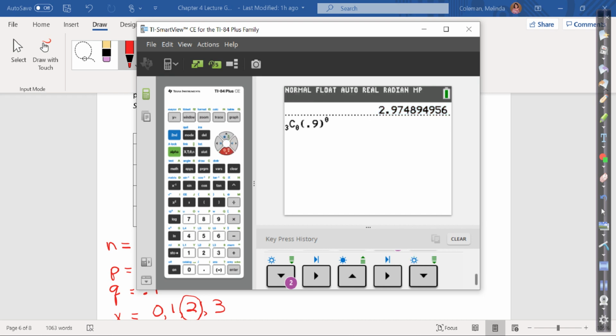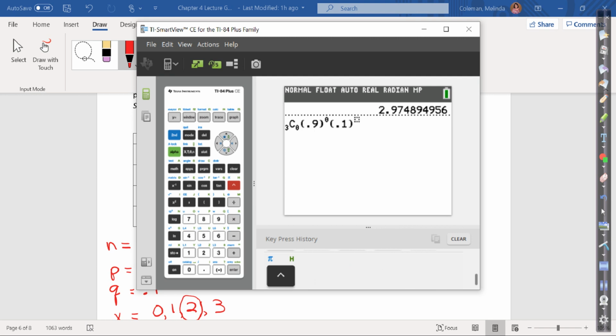It's really struggling today. Not sure what's going on. The 0.1 raised to the third power. Hit enter, and I get 0.001 finally.